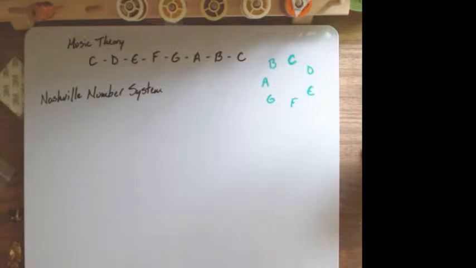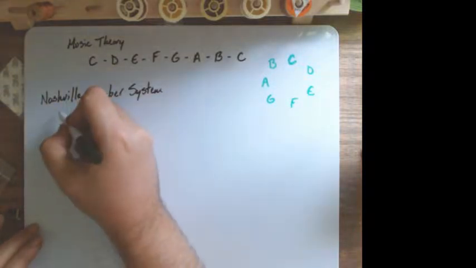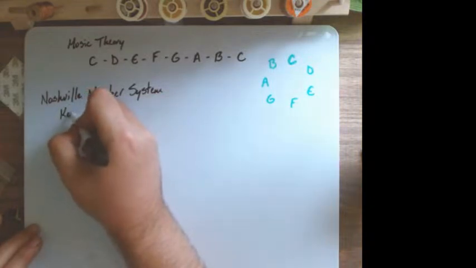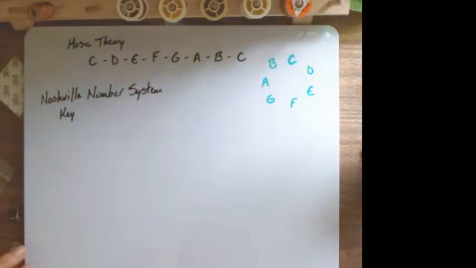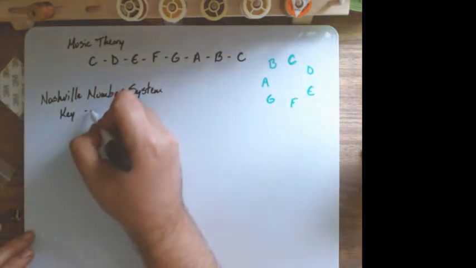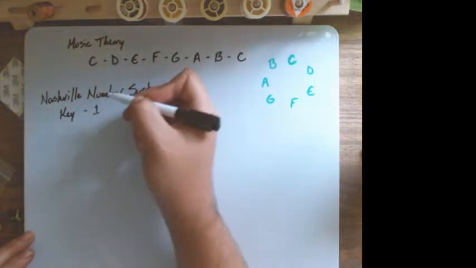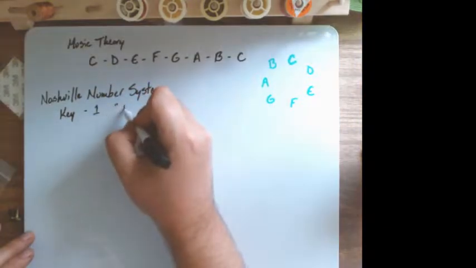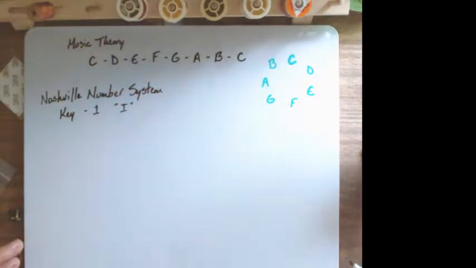Okay, and how it works is that whatever key you're in, it doesn't matter if it's minor, major, flat, sharp, your key is going to be your 1, and typically you'll see this written as a Roman numeral and a lot of other different transcriptions. So we're going to be using that from here on out.